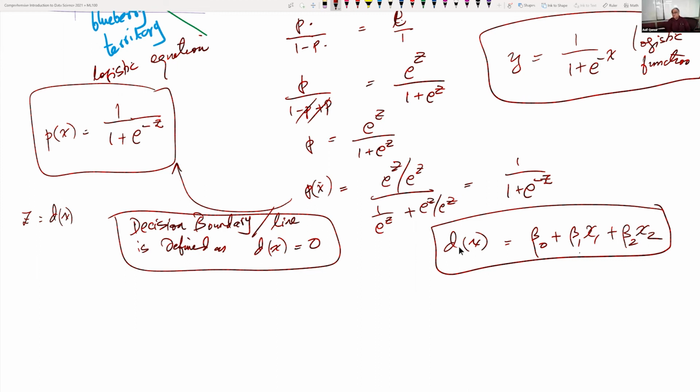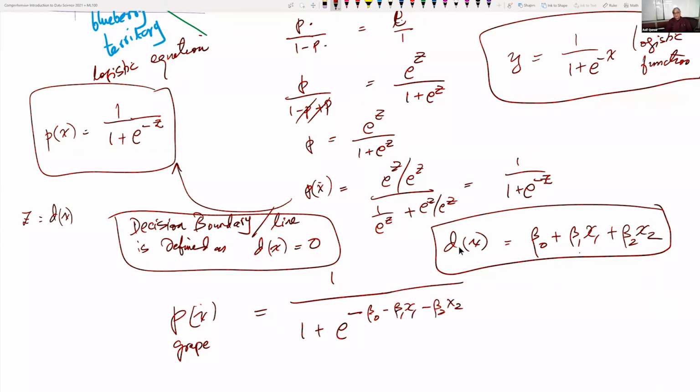And so the full expression, your probability of x being a grape, is equal to 1 over 1 plus e to the minus of beta naught, because when I plug it in here, minus beta 1 x1 minus beta 2 x2. You're getting the point now, right?